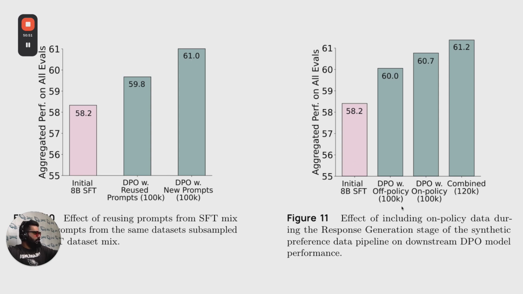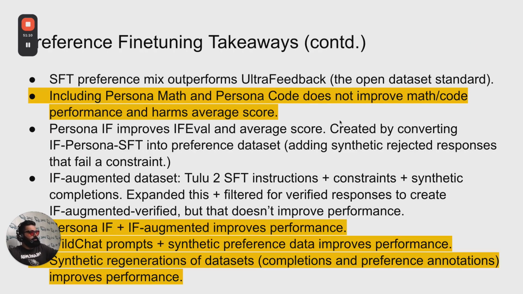And then this is their evidence that including on-policy data improves DPO performance, because off-policy is a bit lower than on-policy, which is a bit lower than combining both on-policy and off-policy data. Continued takeaways: the SFT preference mix, which is their final mix, outperforms UltraFeedback, which is kind of the open dataset standard.